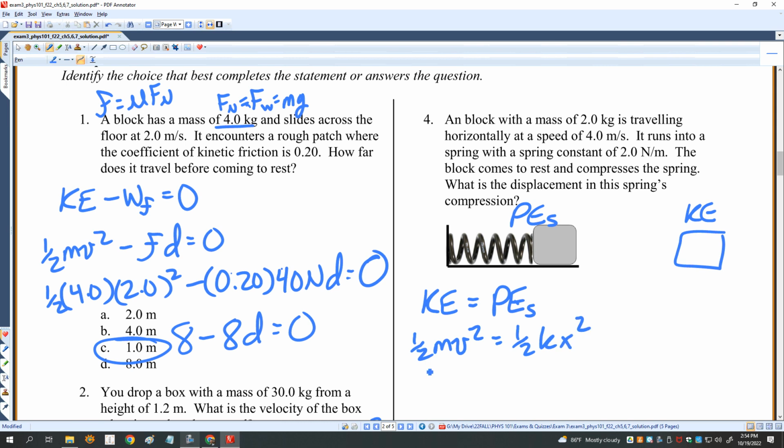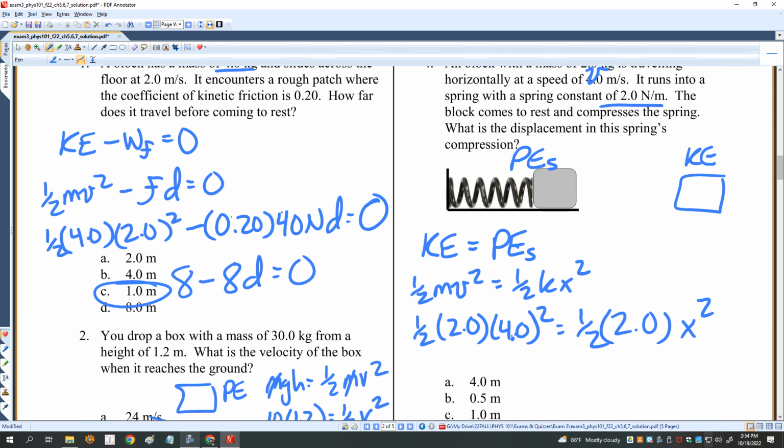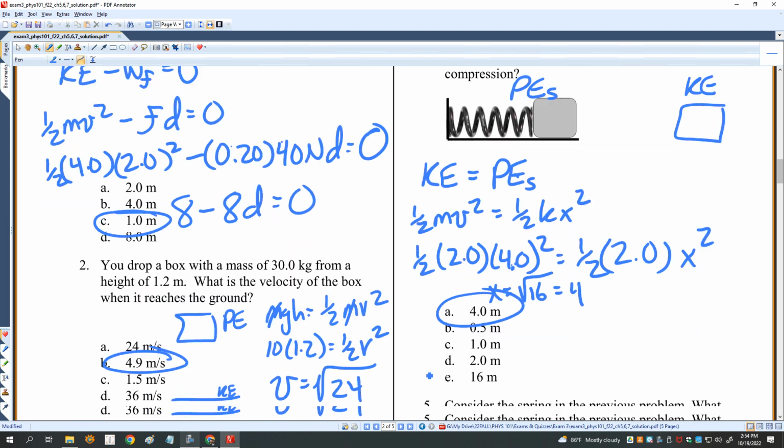I can solve that for x. That's the mass. That's the velocity. K is 2.0. And then I have x squared. It's 1/16. All right, so A is the right answer.